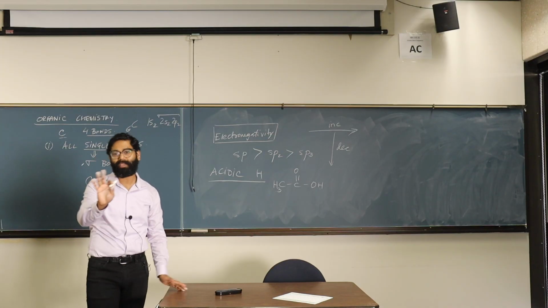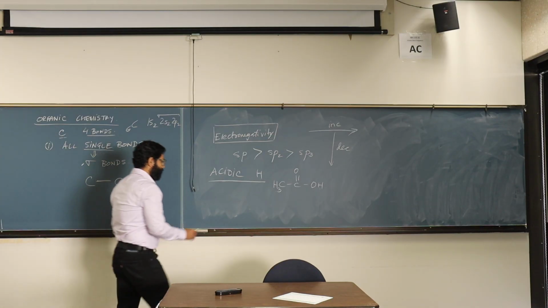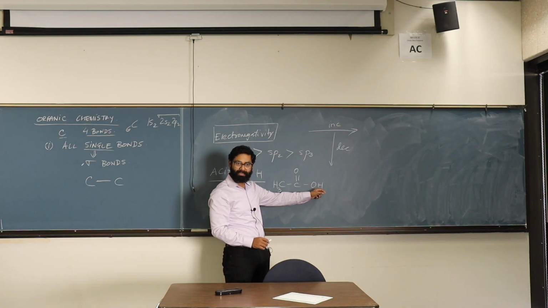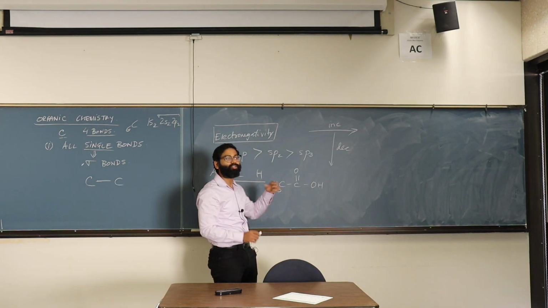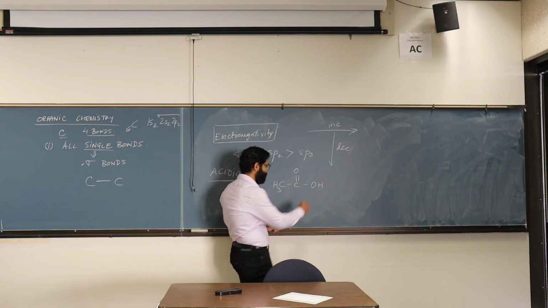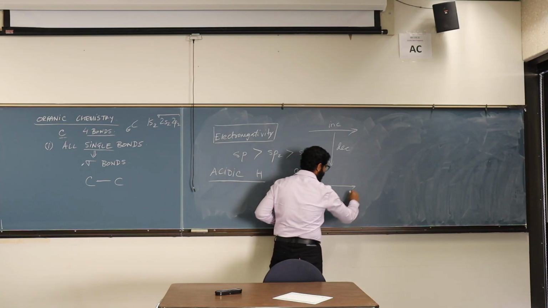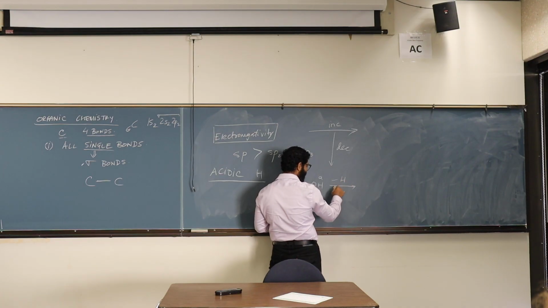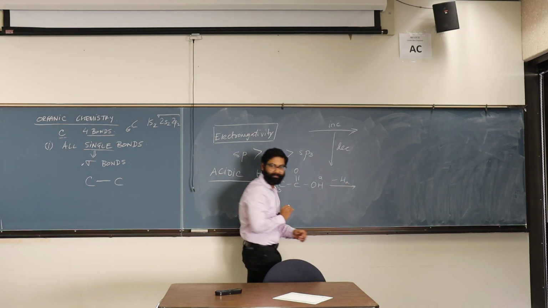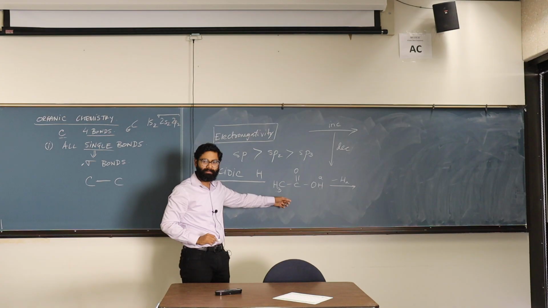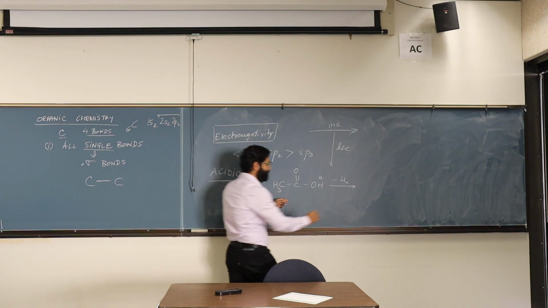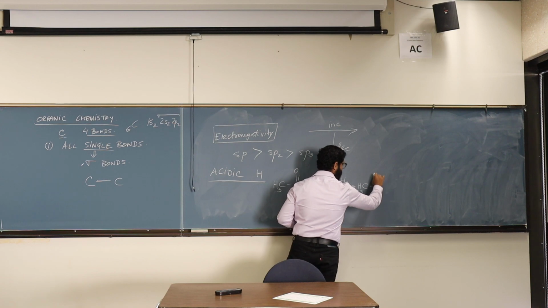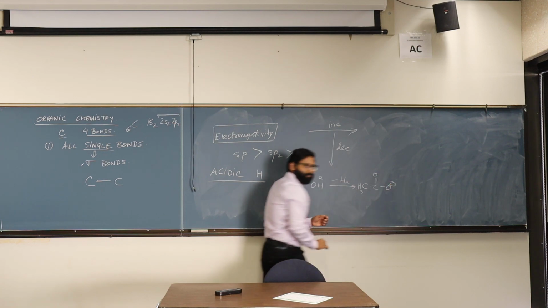There is another way of looking at it. In order to understand whether this will be released or this will be released, if this is the acidic H, and I release the hydrogen in the A position, what will be the product? CH3, C double bond O, O minus.